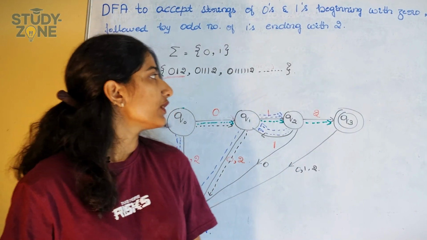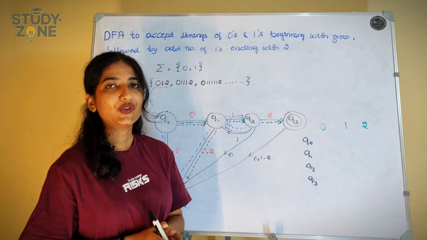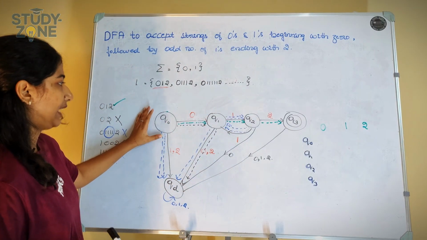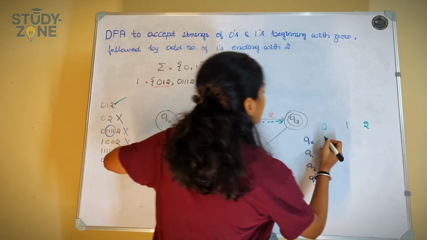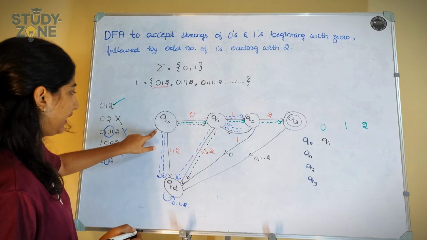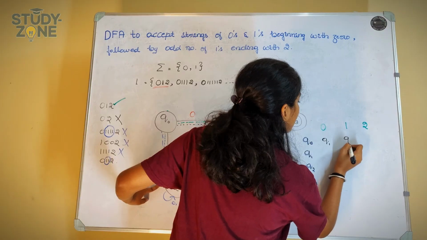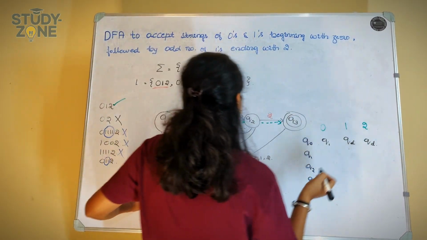Okay. So now let us write the transition table. So to write the transition table, we have to check transition diagram, right? So Q0 on 0 moving to Q1. So write state Q1 here and Q0 on 1 and 2 moving to dead state. So Q0 on 1 is also moving to dead state and Q0 on 2 is also moving to dead state.